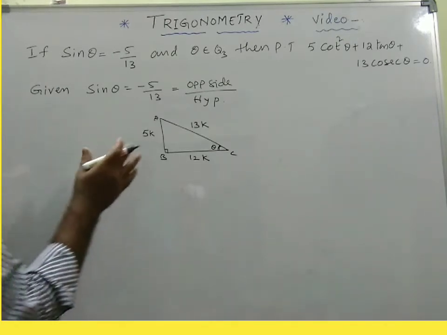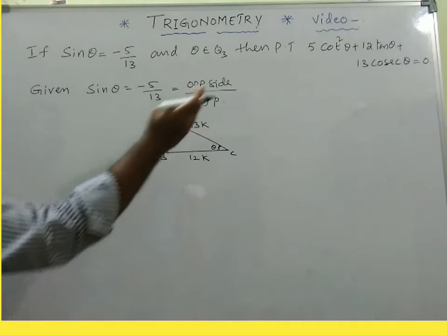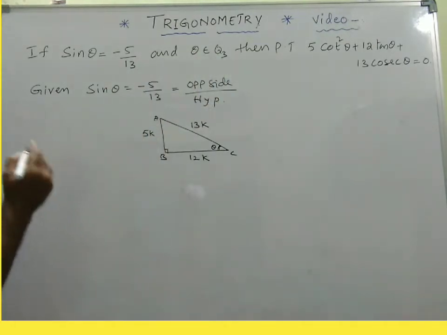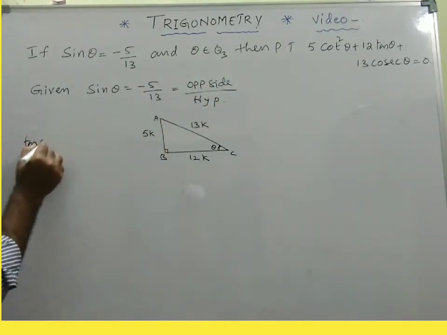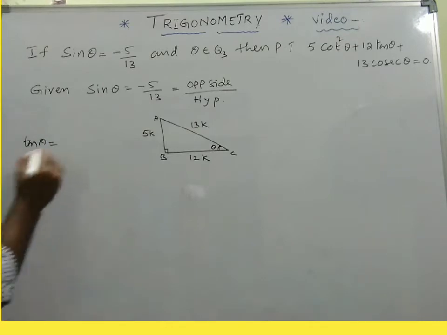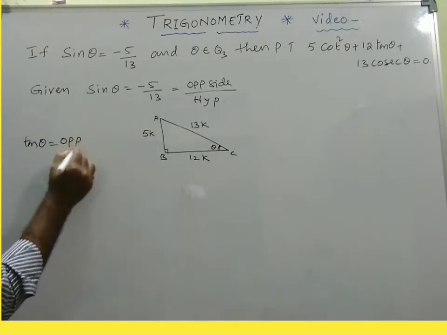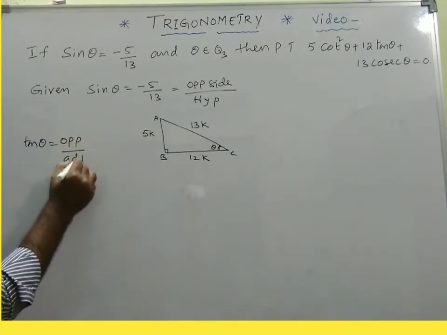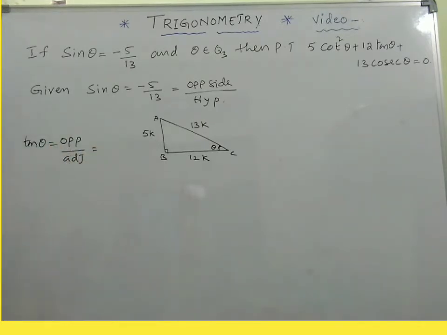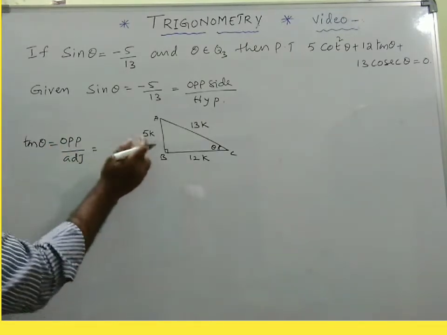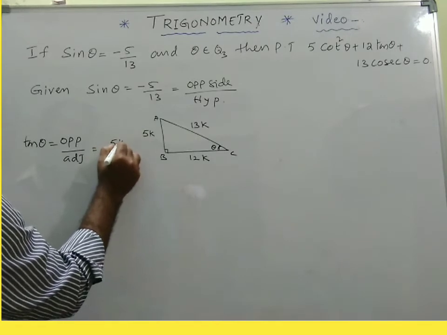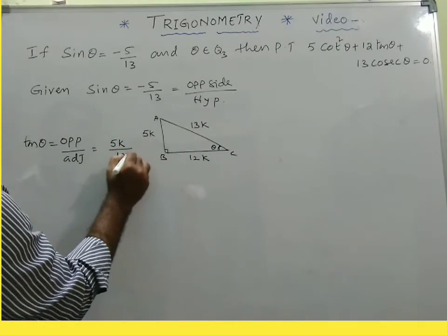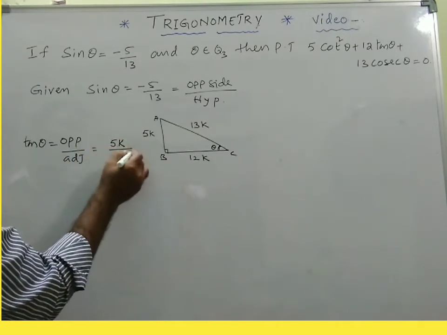Now with the help of this triangle we want to find the other ratios. First of all, let me find tan theta. You know tan theta is opposite side by adjacent side, which is 5k by 12k. K gets cancelled.